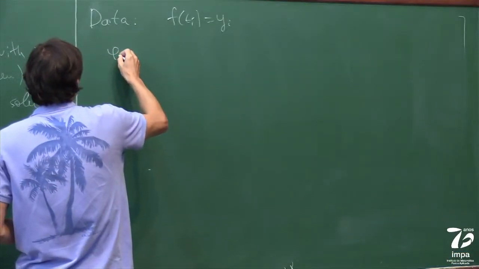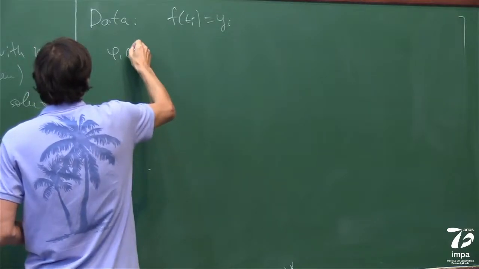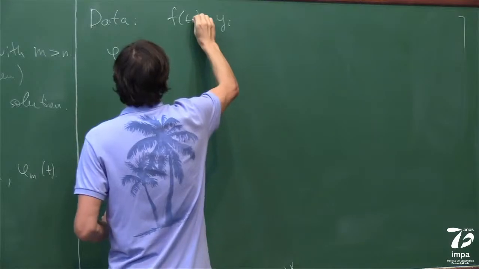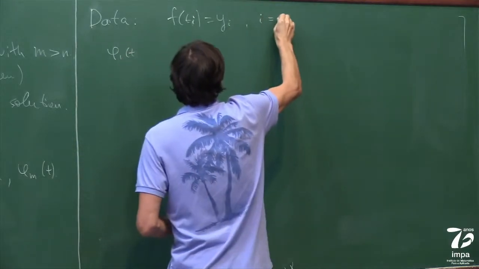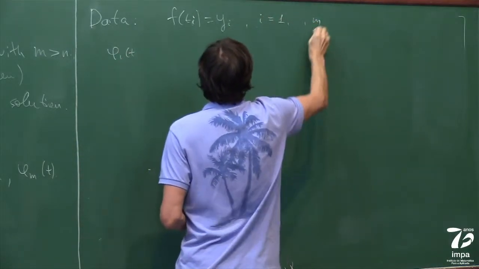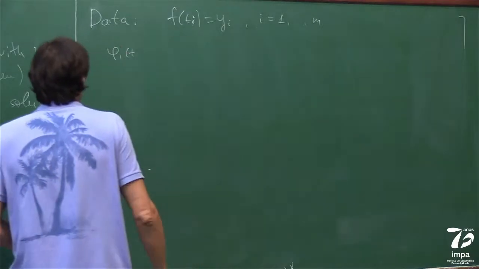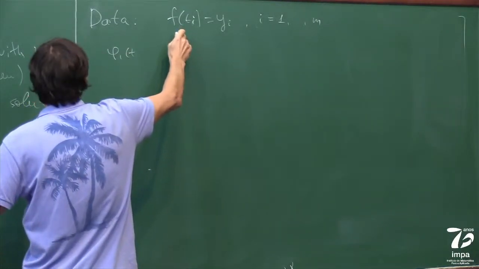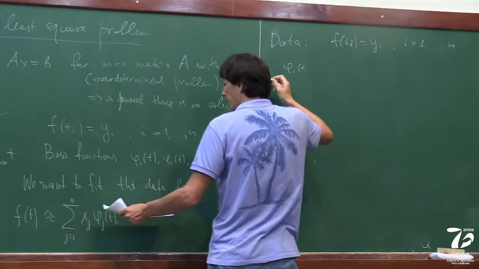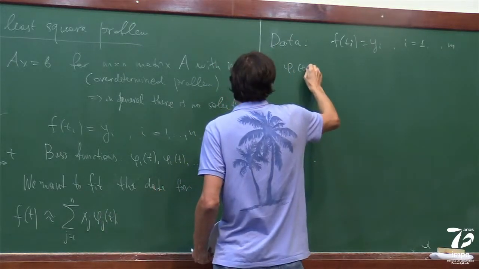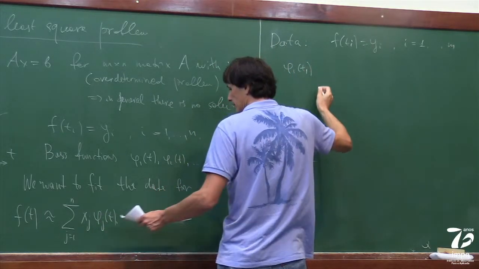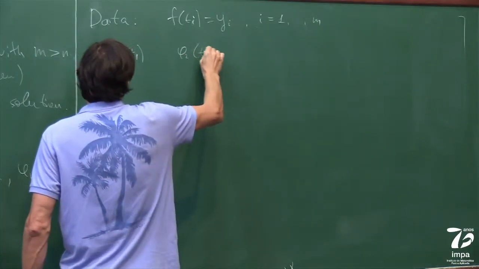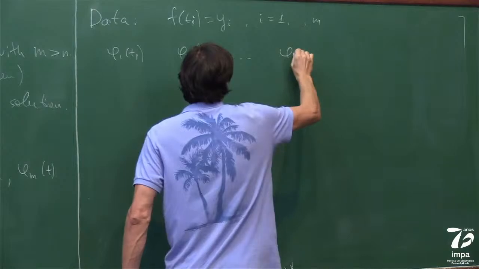So the first equation, let's take i from 1 to m. The first will be x1 by phi1 of t1 plus x2 by phi2 of t1, and so on.